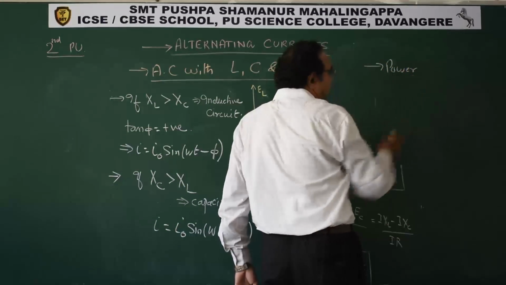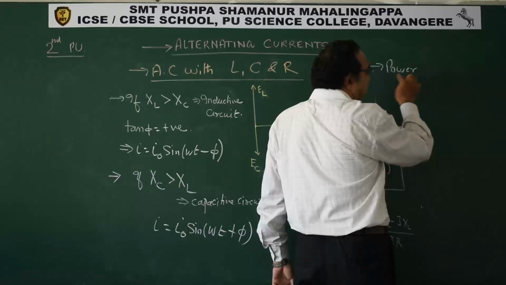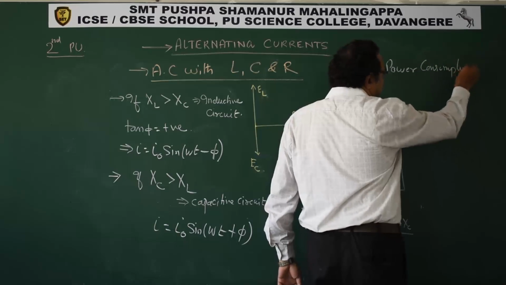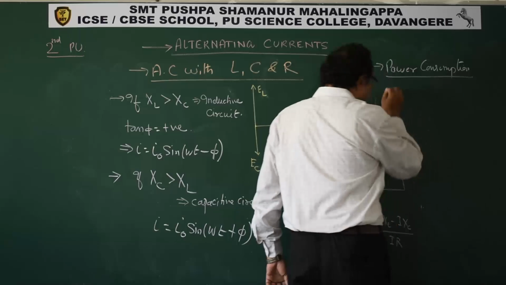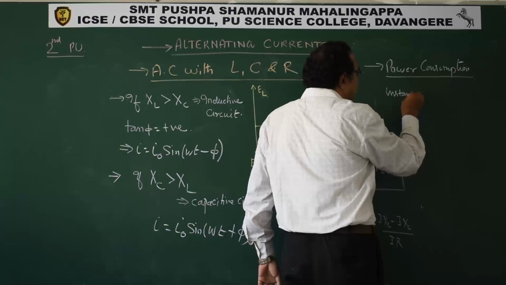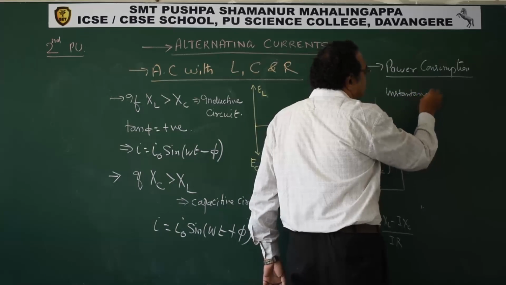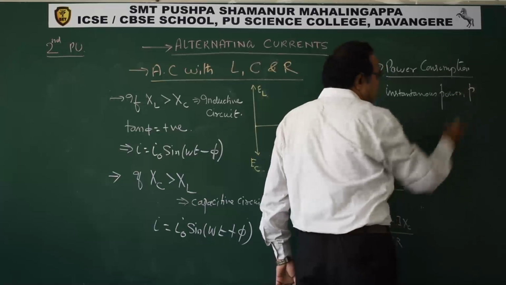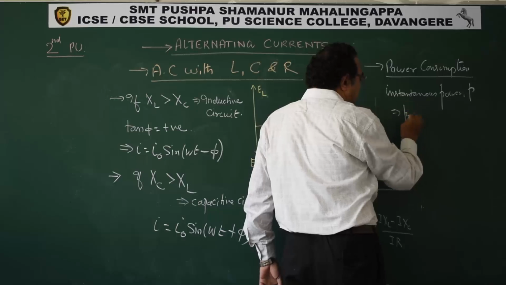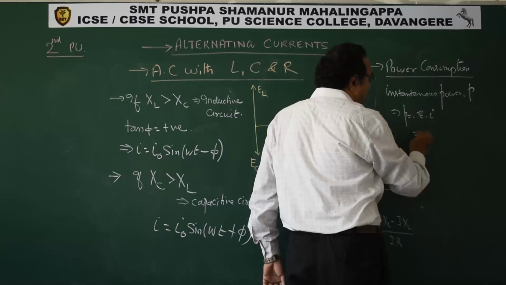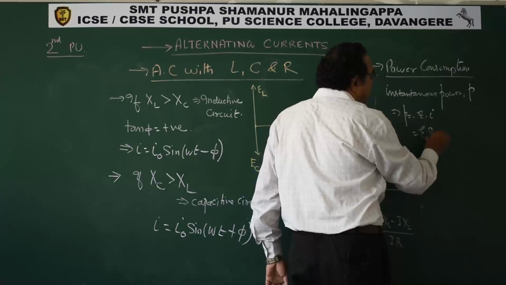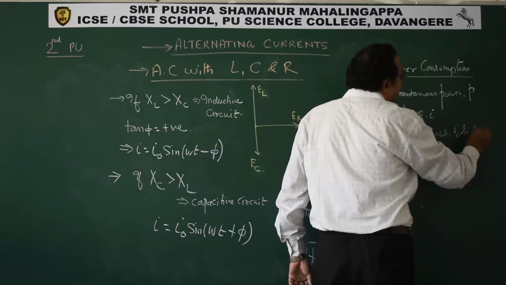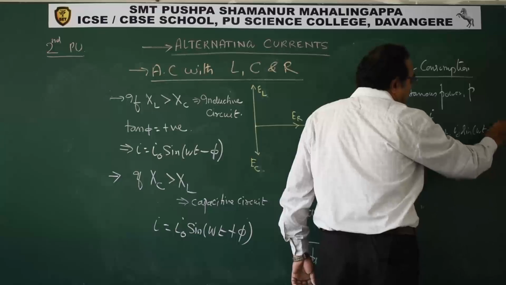Again, I expect you will be solving it as a matter of practice. Power consumption, again the same old story, instantaneous power P is E into I, so we will write E naught sine omega t and I naught sine of omega t plus or minus phi.